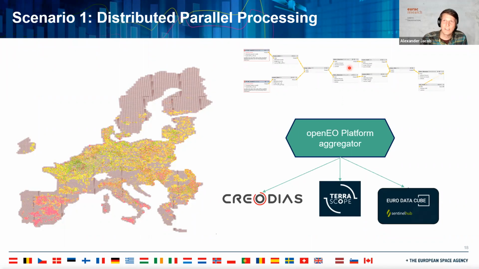This was an area covering around 5,000 MGRS tiles. That's quite an extensive amount of data, and by combining and sending these jobs to the different backends in parallel, we were able to complete this in relatively short time. I think we can do this in just a week or so if we need to now.